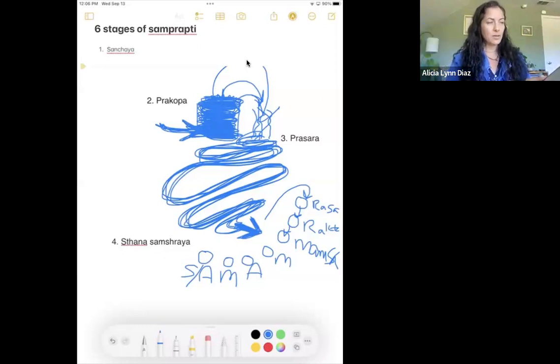So this is where the 6 stages become highly individualized and specific to every person, because your symptoms, quote unquote, we just mentioned the signs and symptoms of Ama, but your symptoms will be different based on which of the tissues the excess Ama deposits into.